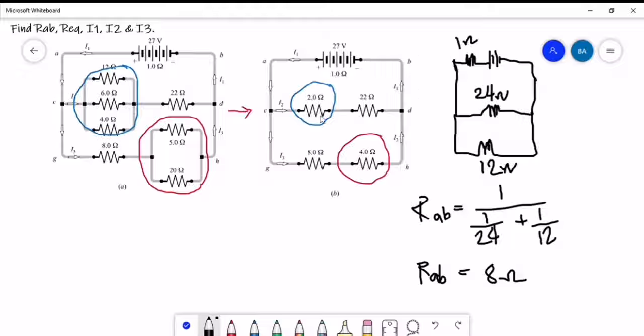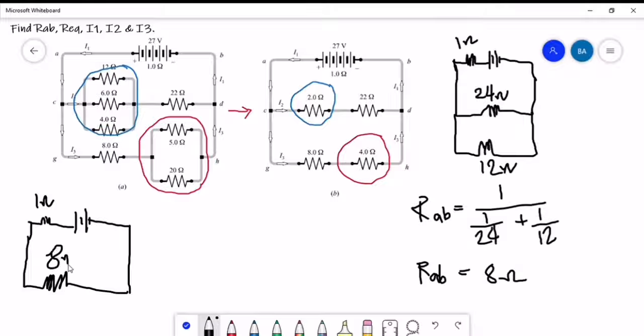So we now have our circuit going like this. This is 1 ohm, this is 8 ohms, and this is 27 volts.